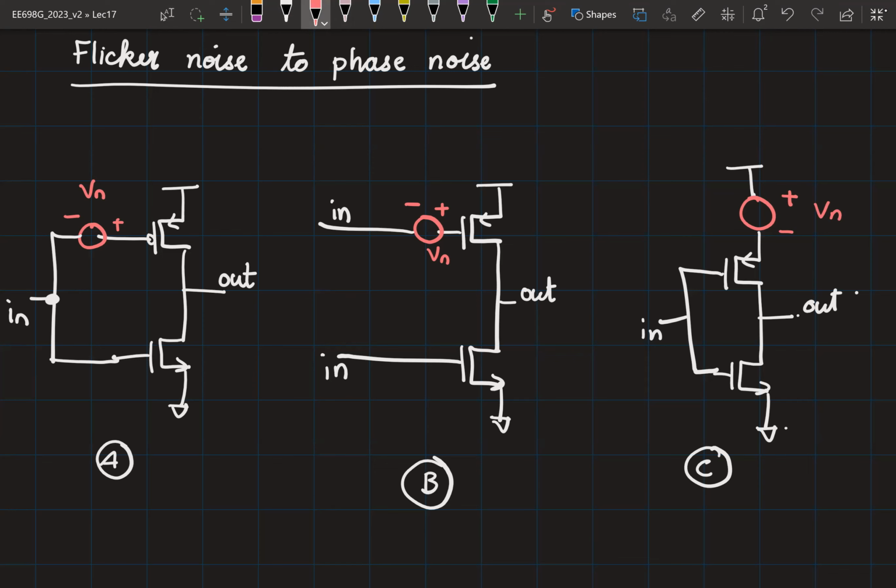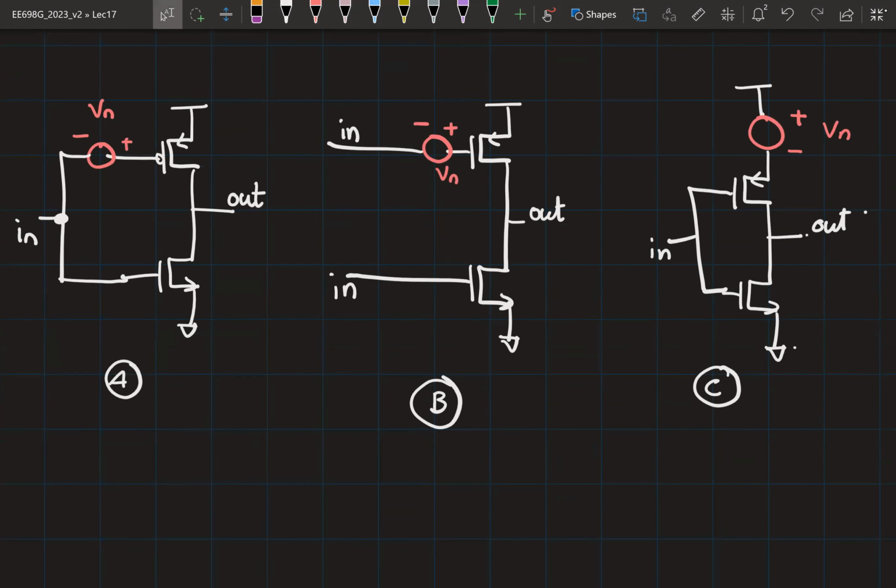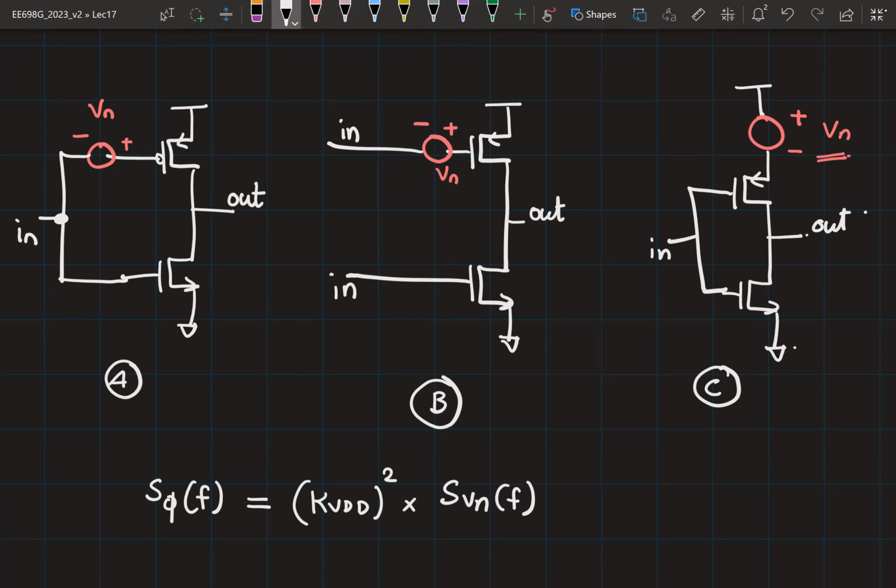Now that I have modeled Vn here, what quick result can you tell me? What comment can you make about S phi of f at the output? This is equal to (K VDD) whole square times S Vn of f.